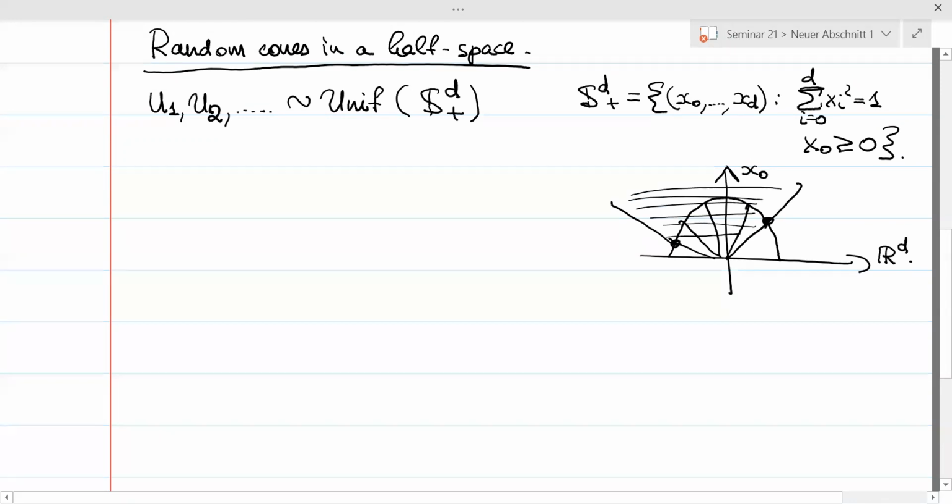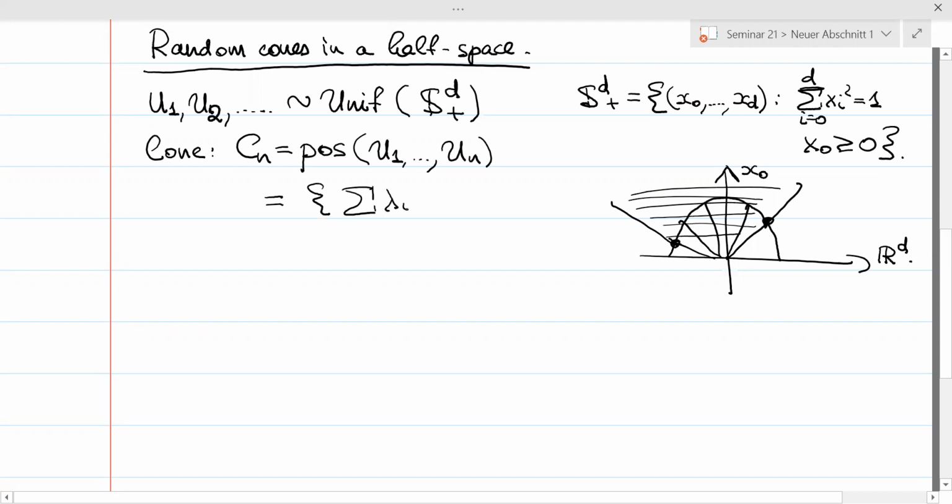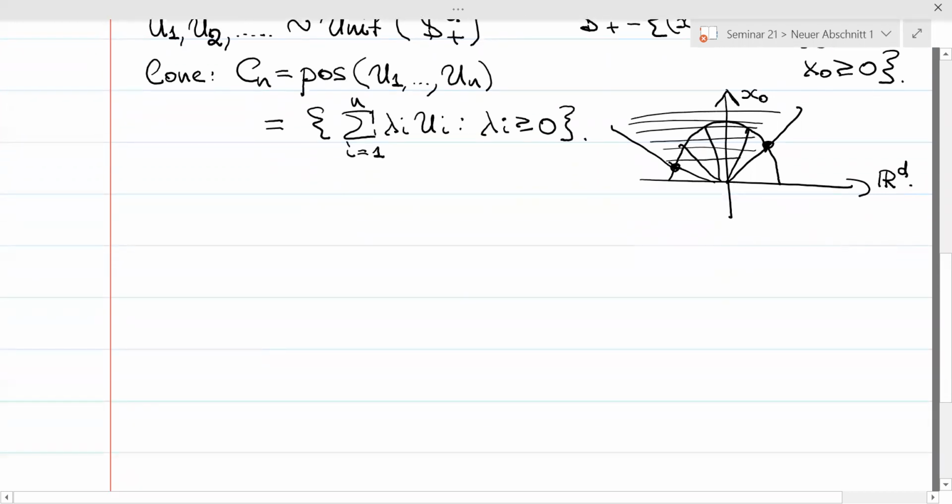And in general, we consider the convex cone C_n, which is defined as the positive hull of U_1 and so on, U_n. The positive hull is just the set of all combinations of the form the sum of lambda_i U_i, i from 1 to n, with all coefficients being non-negative. It is a convex polyhedral cone, which I want to consider. So I think it's easy to imagine. And now there are some interesting results about this cone.